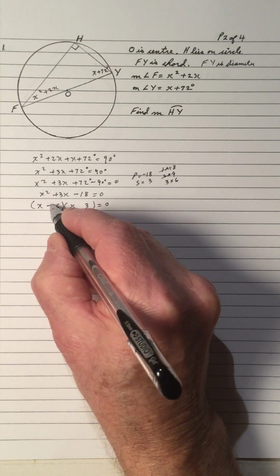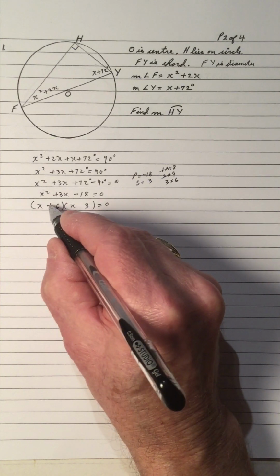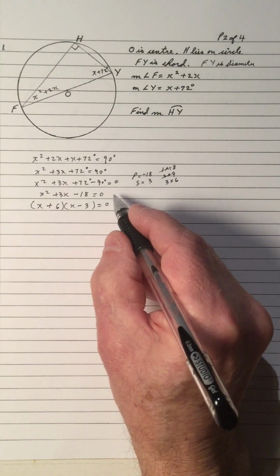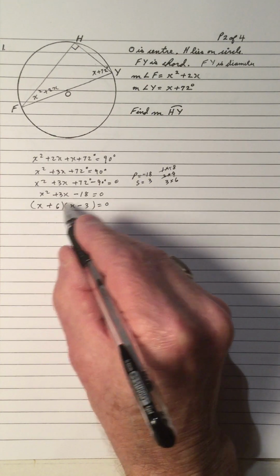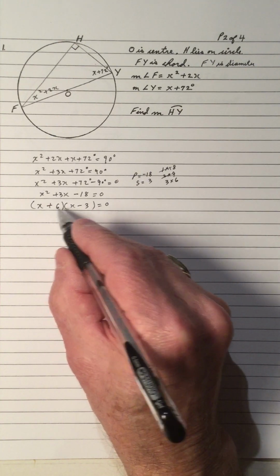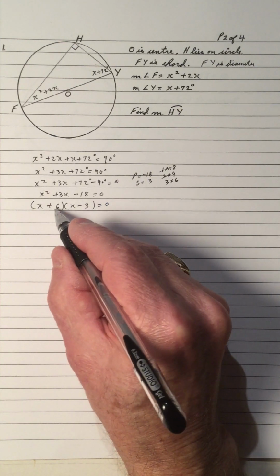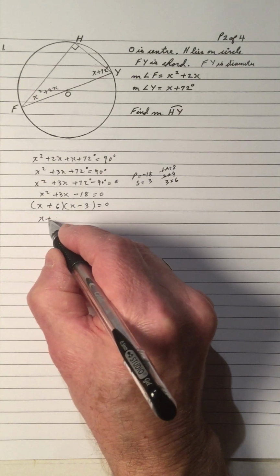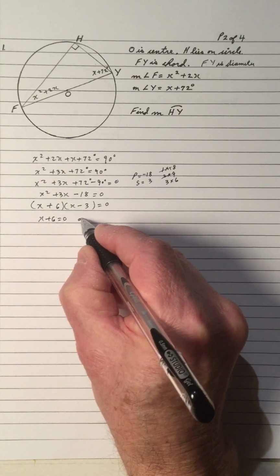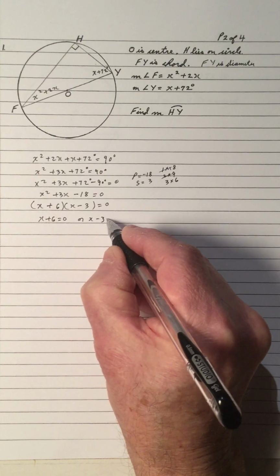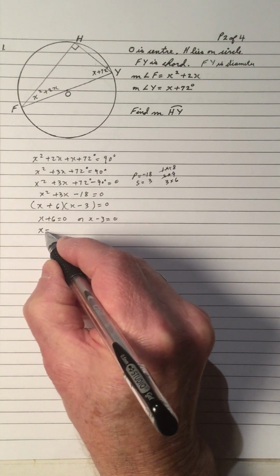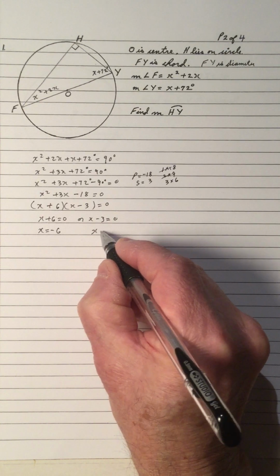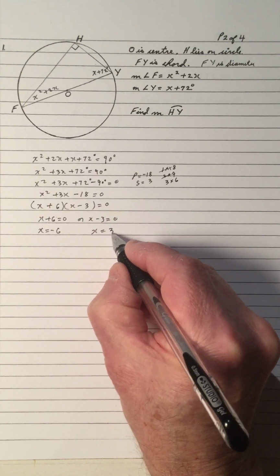The 6 is positive, the 3 is negative. Multiply: 6 times negative 3 is negative 18. Add: 6 and negative 3 gets 3. So x plus 6 equals 0, or x minus 3 equals 0. X is negative 6, or x equals 3.